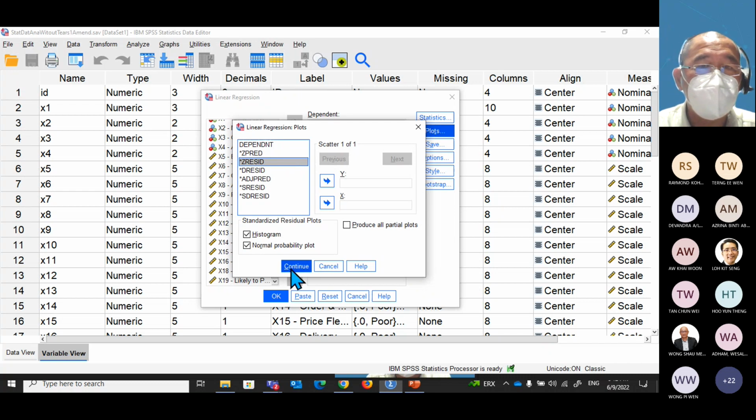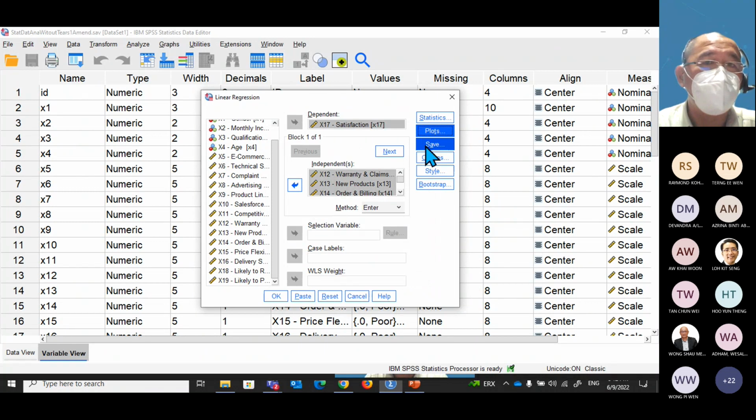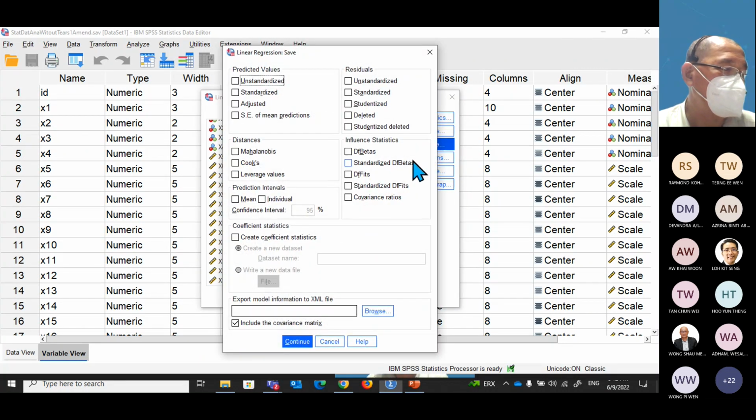No problem, now we continue. Then save. For save, we want the residual, we want to standardize.